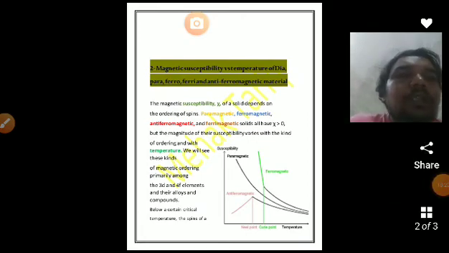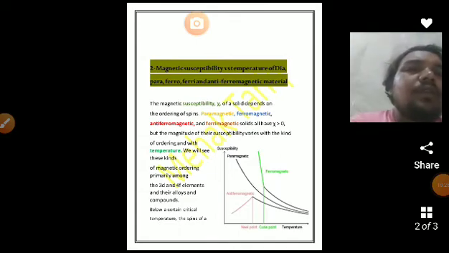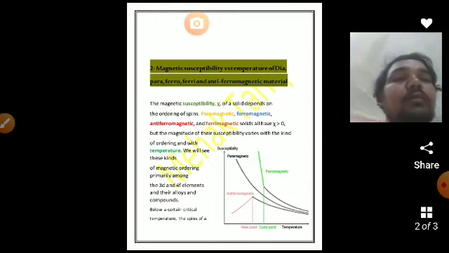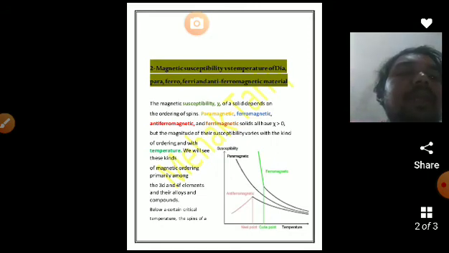Magnetic susceptibility versus temperature of diamagnetic, paramagnetic, ferromagnetic, ferrimagnetic and antiferromagnetic materials. The magnetic susceptibility of a solid depends upon the ordering of the spin: paramagnetic, ferromagnetic, antiferromagnetic and ferrimagnetic solids.